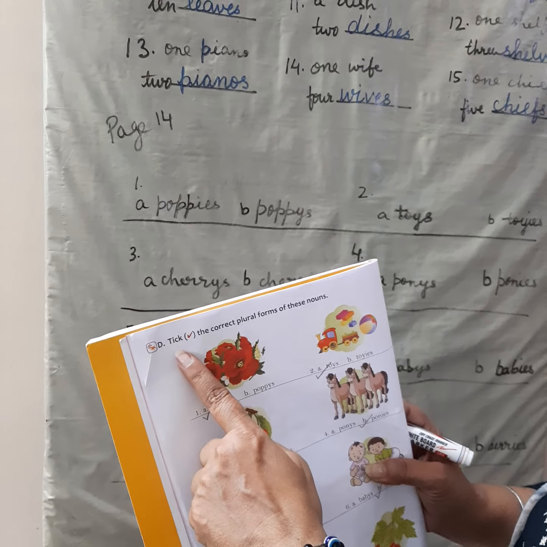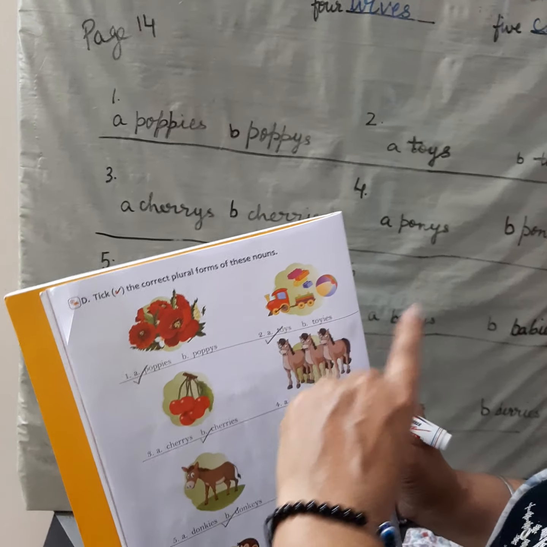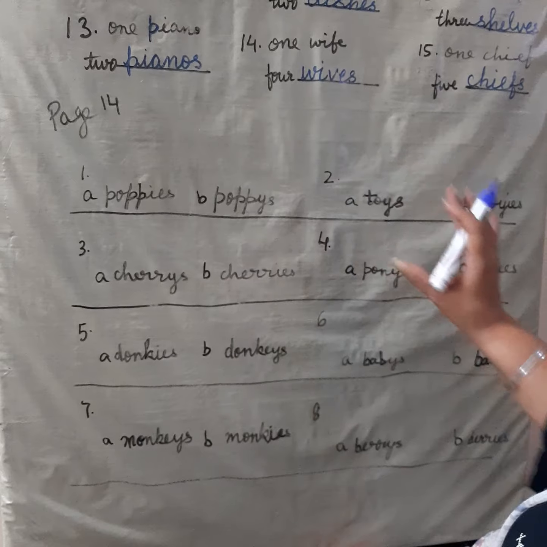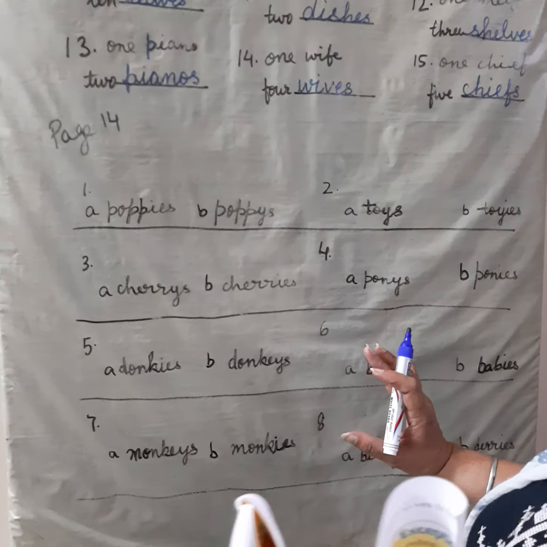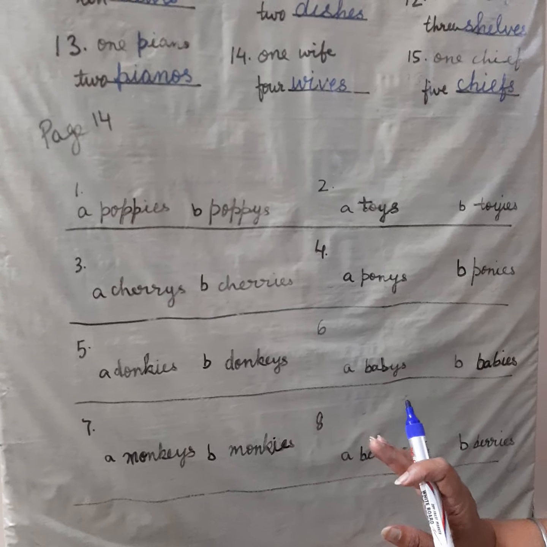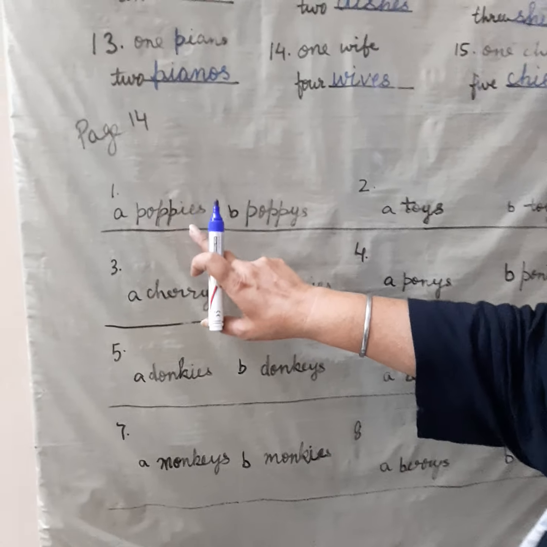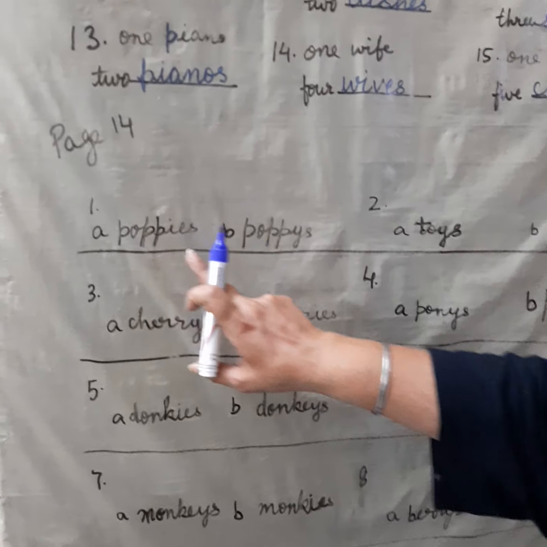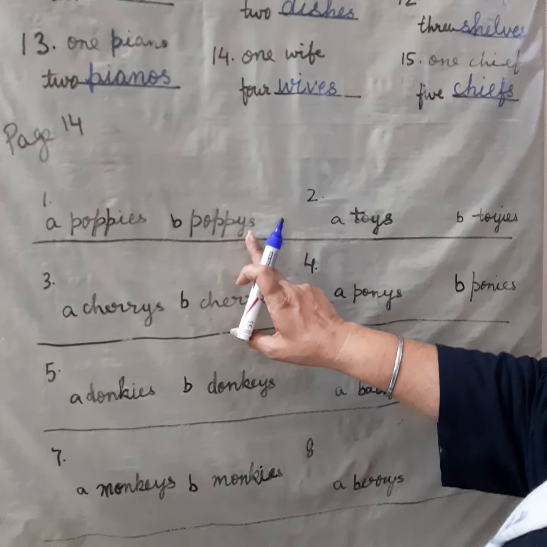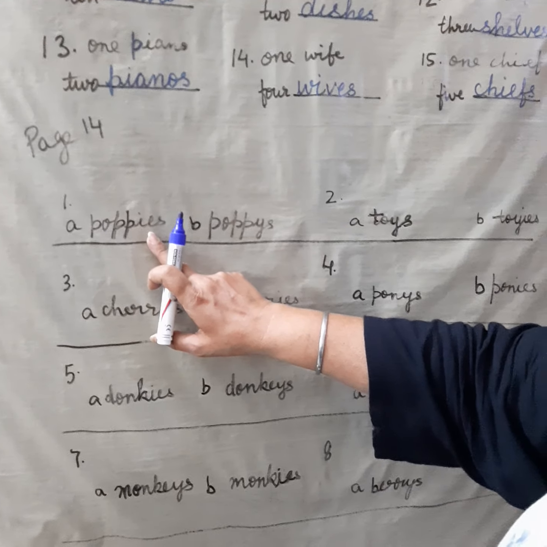So, the question is, take the correct plural form of these nouns. These all are naming words. And now we have to tick the correct plural form of it. So, poppy, what is the correct plural form? We will just add S or we will replace Y with IES.